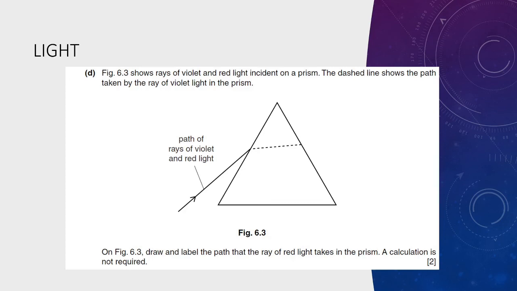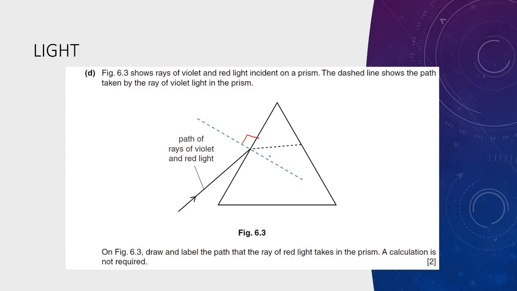Let's draw the normal line first. Remember, the normal line must form a perpendicular angle to the surface of the prism. So we know that the angle of refraction between the violet light and the normal line is this big. So for the red light, you have to draw it less than that.